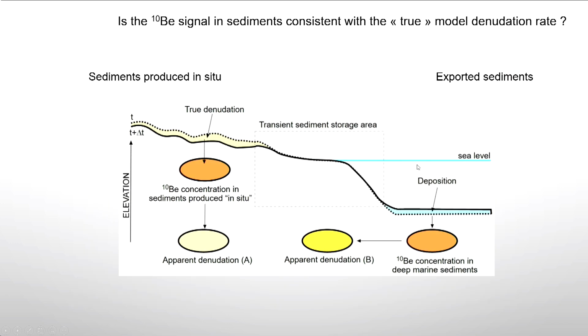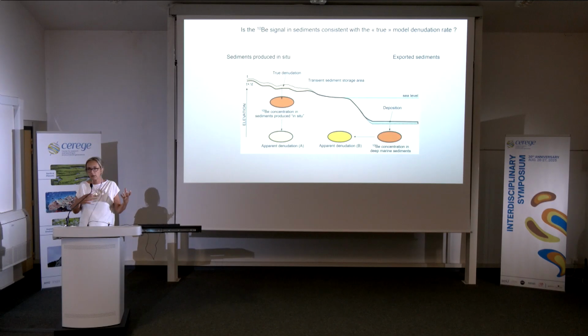So now that we have this, then we can try to understand how landscape erosion will be reflected in the beryllium-10 signal that we can observe on land in river sediments and at sea, which is important because we can understand what is the part of the signal that is relevant to the climatic processes.